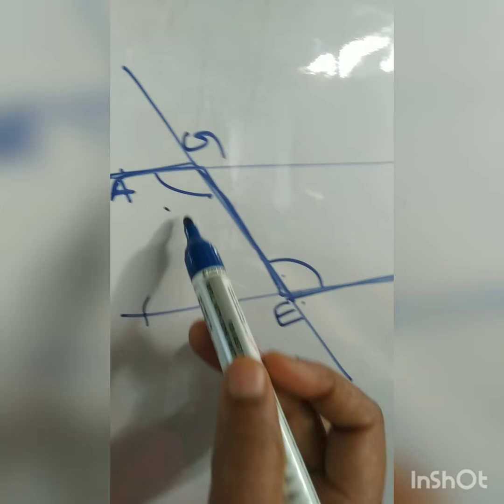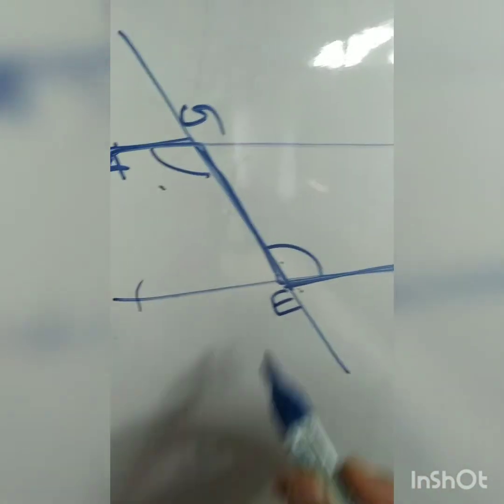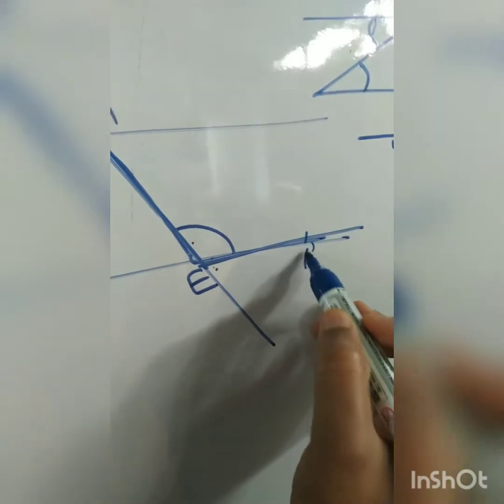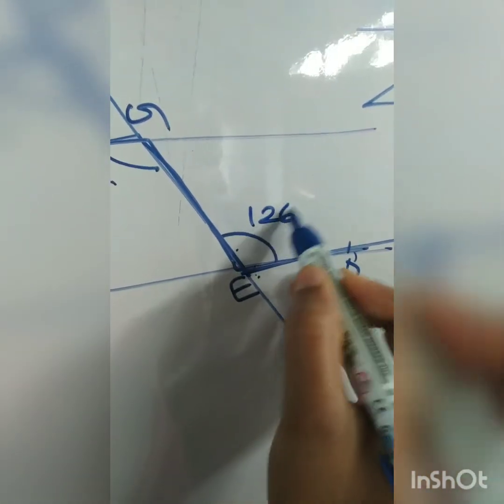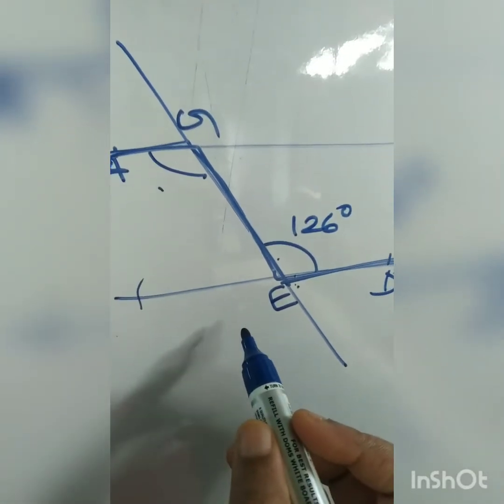So here also we got a pair of alternate interior angles. So they are equal. Now given GED is equal to 126 degrees, so AGE also is 126 degrees. Okay.